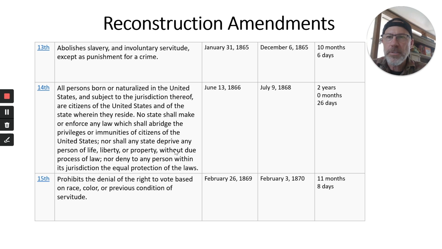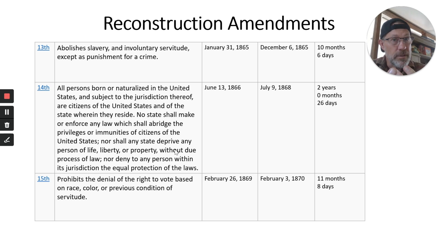So the 13th Amendment, which was established at the end of 1865, was designed to abolish slavery, period. Okay? And what is known as involuntary servitude, which you'll see more today around the world, a lot of times dealing with women and children, where they're kidnapping them and holding them captive to do as they will around the world.